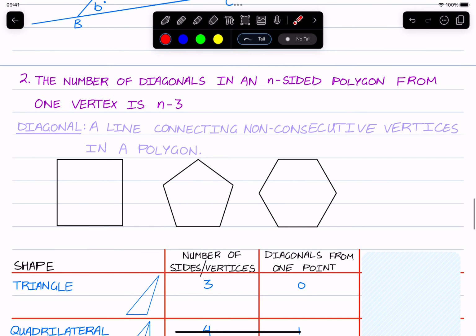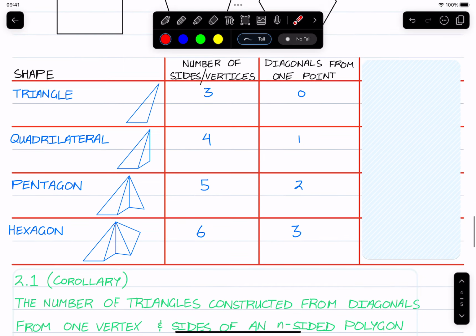Now, what we're looking at here is diagonals only from one vertex. So in this last example, I drew all the diagonals, but for now, in this theorem, I only want to draw diagonals from one vertex. So let's take a look at the pattern that happens when we do this.